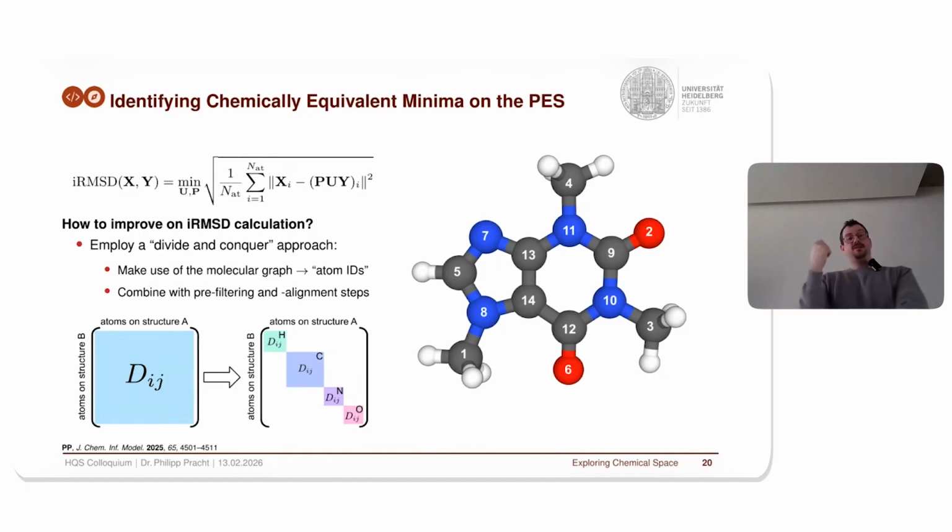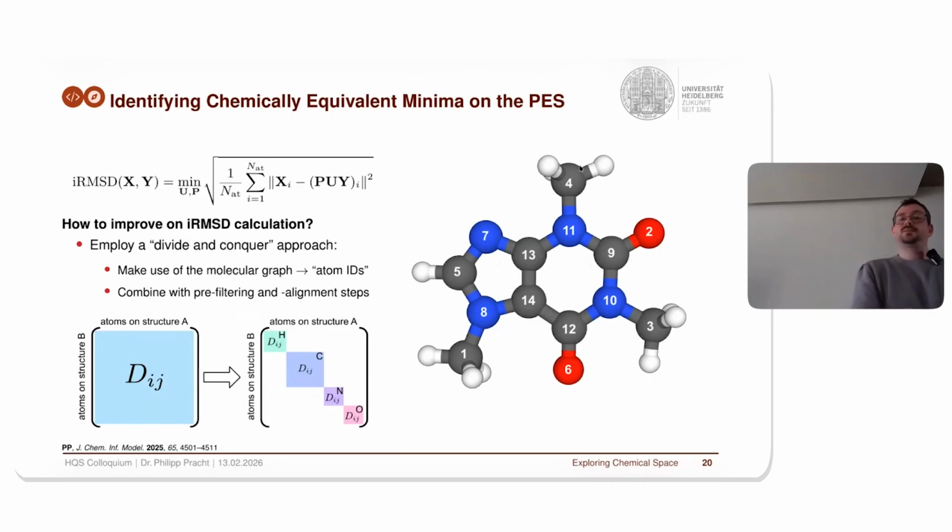You can push it further by going to something like a canonical SMILES-like algorithm, which assigns an atom identity for each atom. For caffeine, as you see here on the right, I've plotted these identities, which are for the heavy atoms all unique. So you don't have to solve the Hungarian algorithm for these atoms in any case.